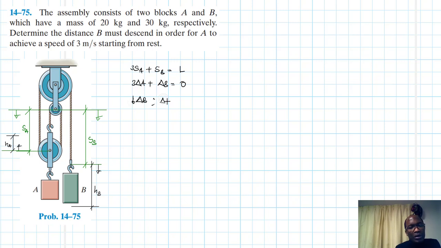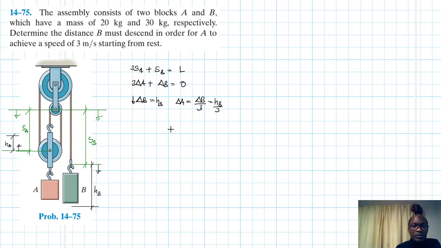And then our delta A is just equal to delta B divided by 3. So this one, you just move it like so. So this delta B, we say it is just equal to HB. This one is equal to HA, which is just equal to HB divided by 3.